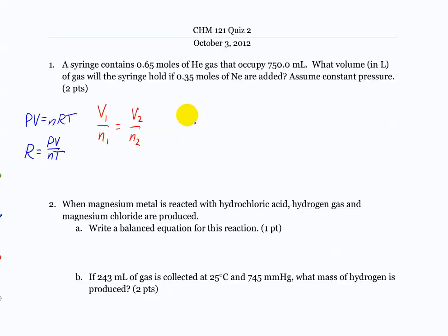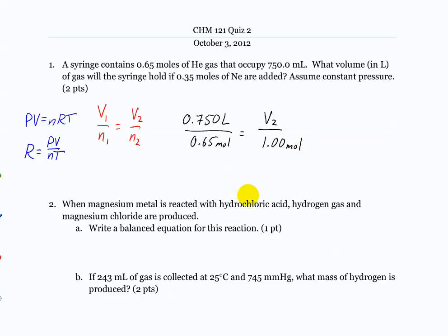We've got 750 milliliters. Actually, you can leave this one in milliliters, but just for consistency's sake, better to always use those same units, right? And 0.65 moles is V2, which is unknown, over N2, which is 0.65 plus 0.35, which is 1.00 moles.